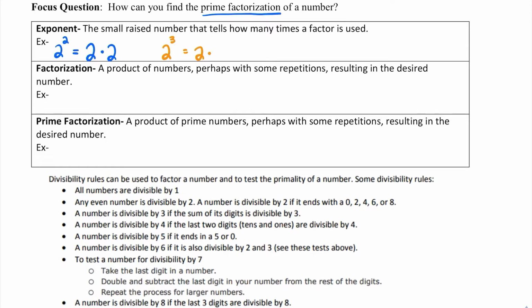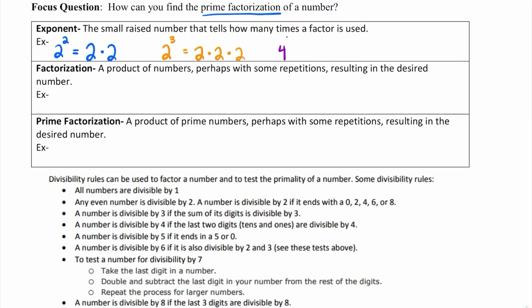If we expand it, it looks like this. We do 2 times 2 times 2. A pattern you might notice is that depending on what the exponent is, that's how many numbers you're going to be multiplying. In this case, we're multiplying 2 three times. And in the first case, with my exponent of 2, I multiply 2 two times.